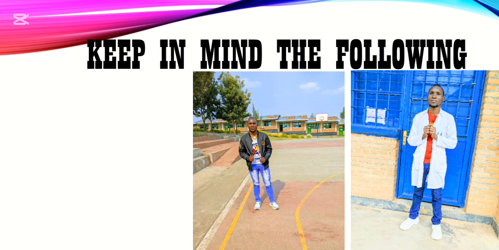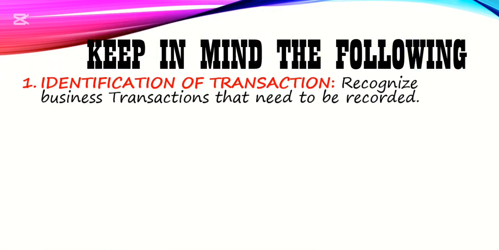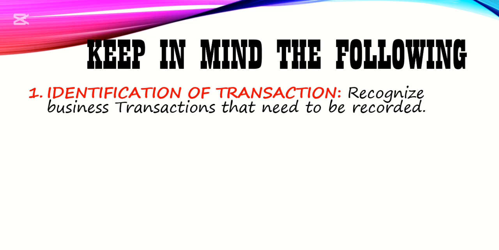So from there, I'm going to give you 5 tips you need to follow to ensure that you are respecting the accounting cycle. You need to know where accounting starts and ends the flow. Number 1, you need to do identification of transactions.